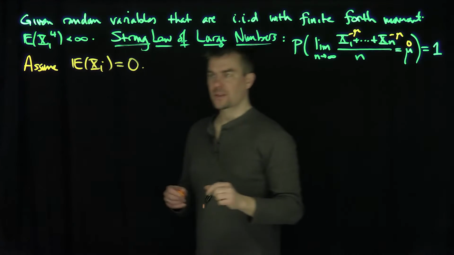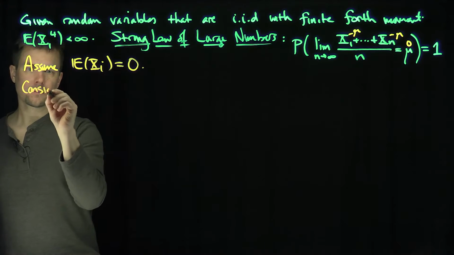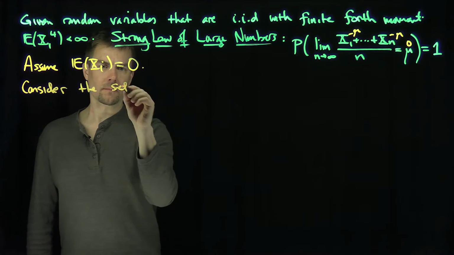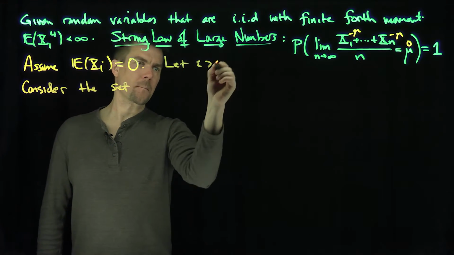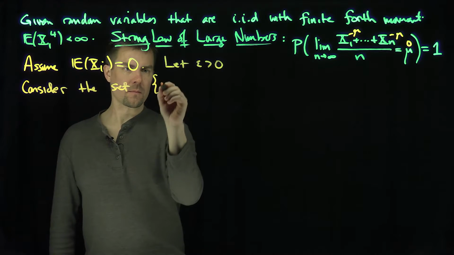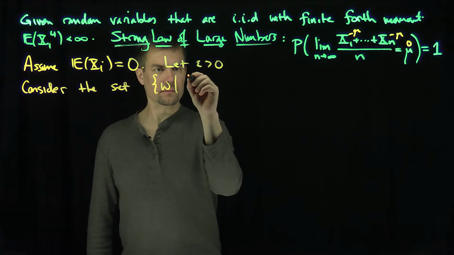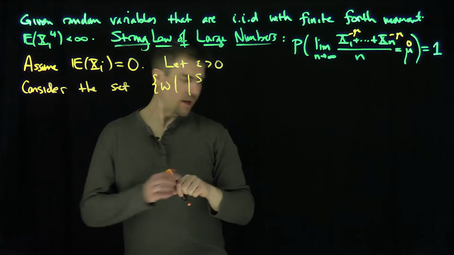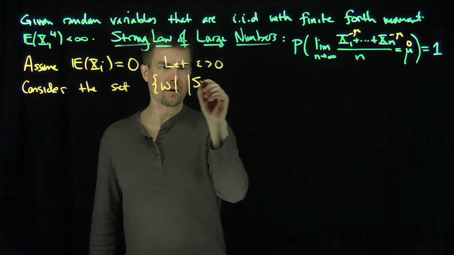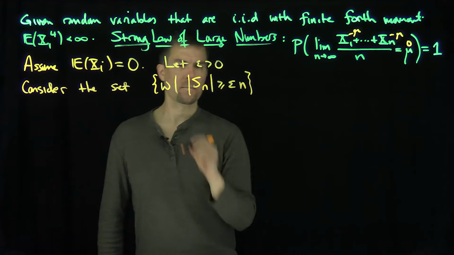All right, so now let epsilon be greater than 0, and consider the set of all points omega such that the absolute value of Sn is bigger than or equal to epsilon times n, where Sn is just the partial sums.